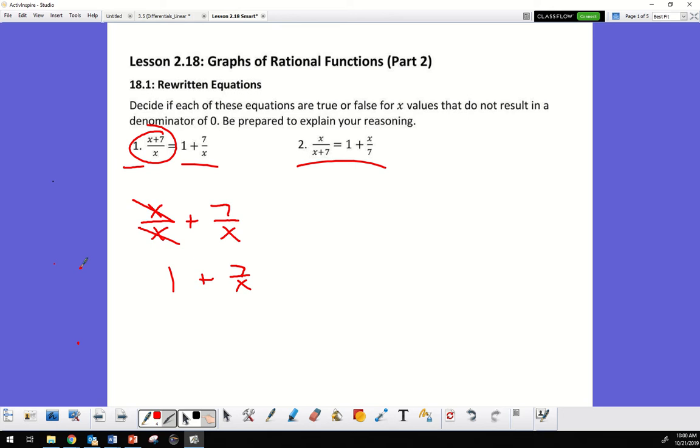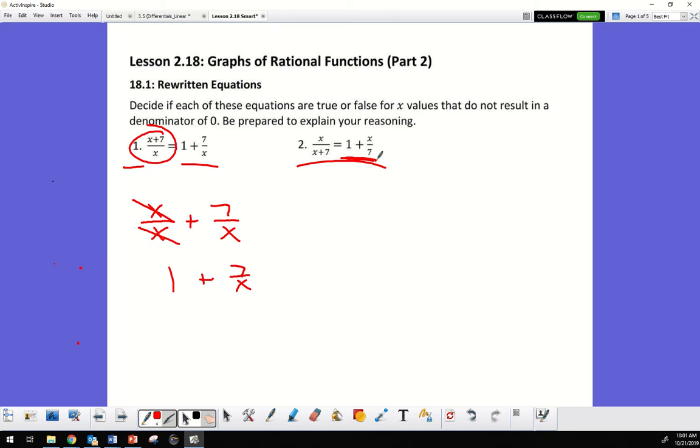There's only one fraction. What's the denominator? It's the bottom number, 7. So that means that the common denominator has to be 7.